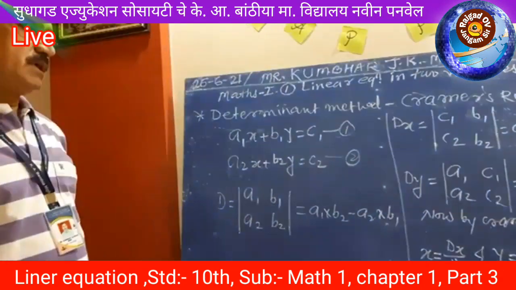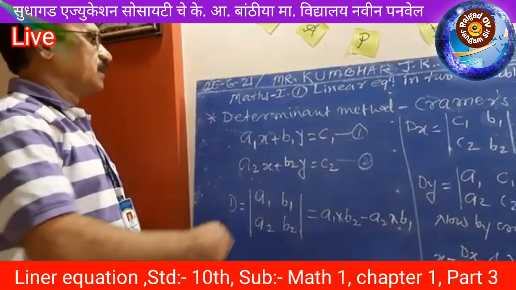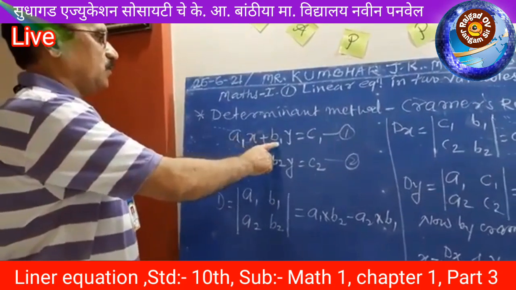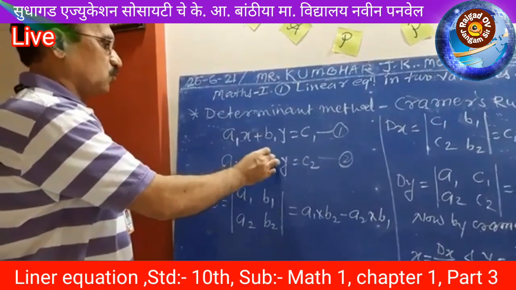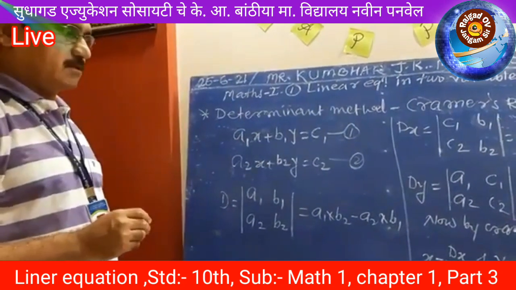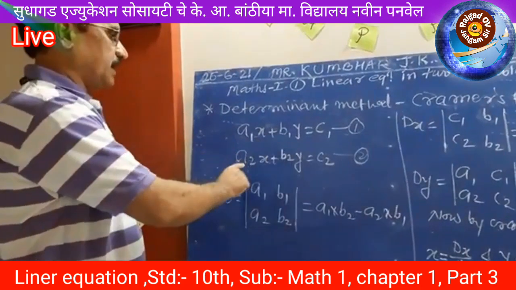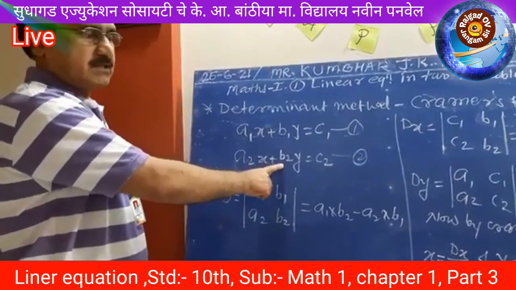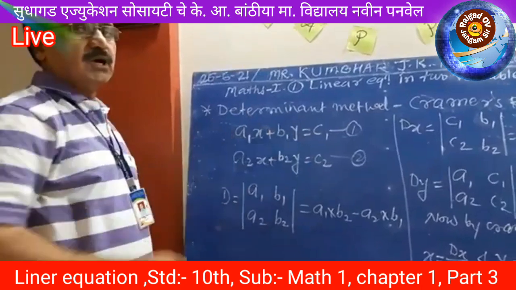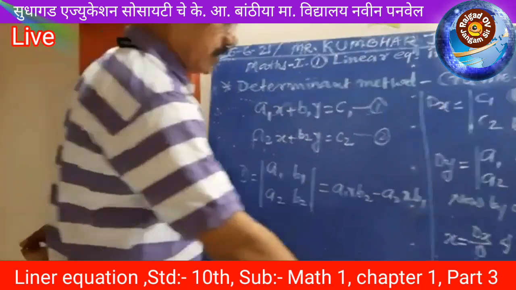How can we remember this? See here, a1, b1 and a2, b2. There is one idea: a1, b1 and a2, b2 are the main players and c1, c2 are the reserve players.